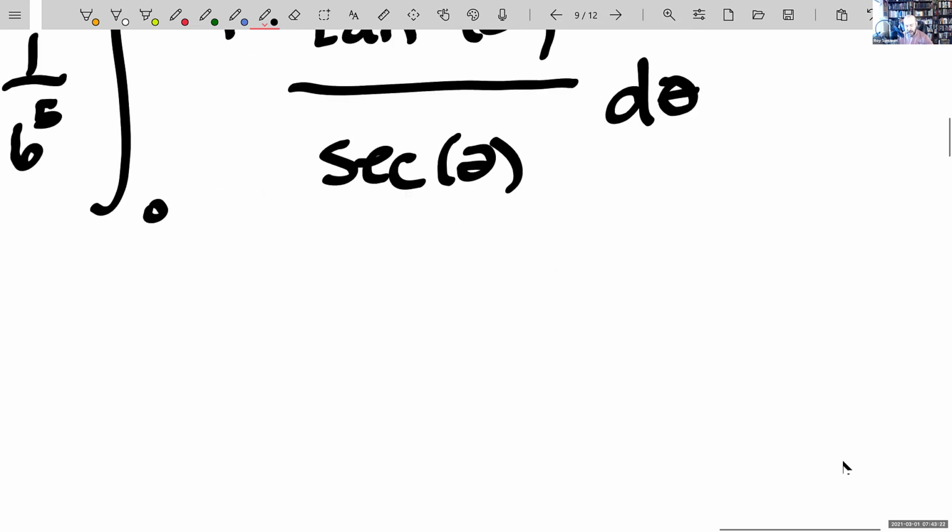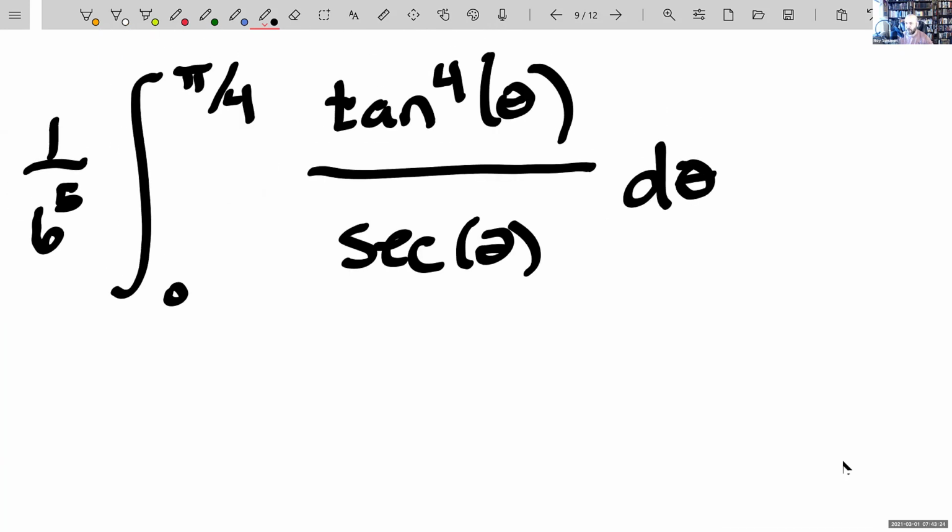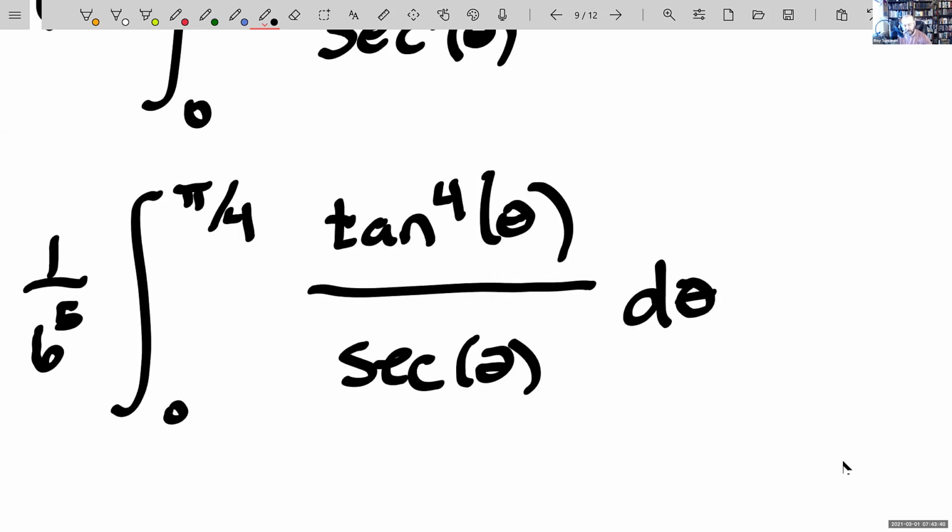Right now, imagine the substitutions that you have available. If you let u equal the tangent, well, it needs a secant squared to steal away, and I don't have that. If you let u equal a secant, it needs a secant and a tangent to steal away. There's a couple issues with that. One being, if I steal away a tangent, I end up with an odd power of tangent.